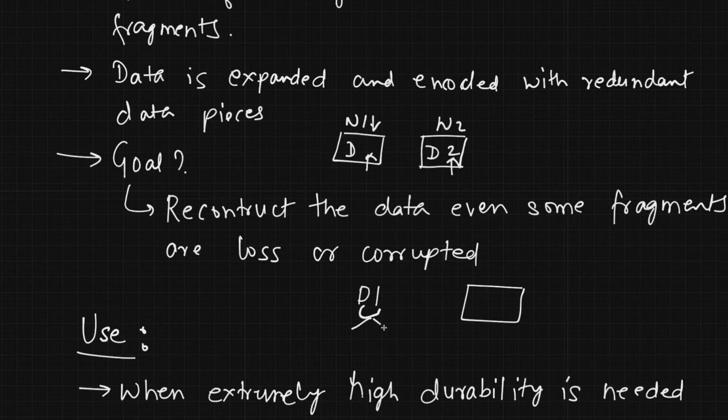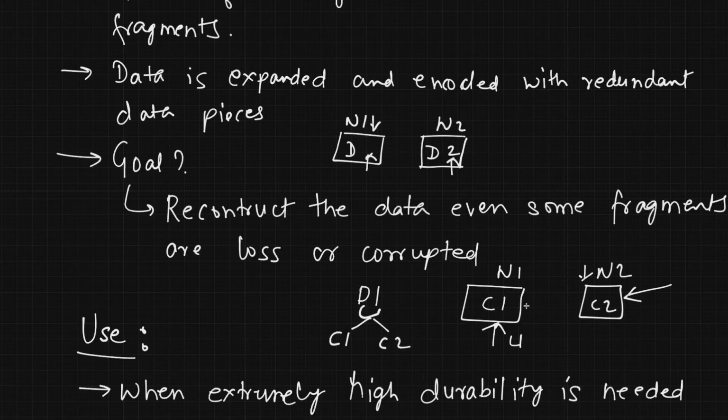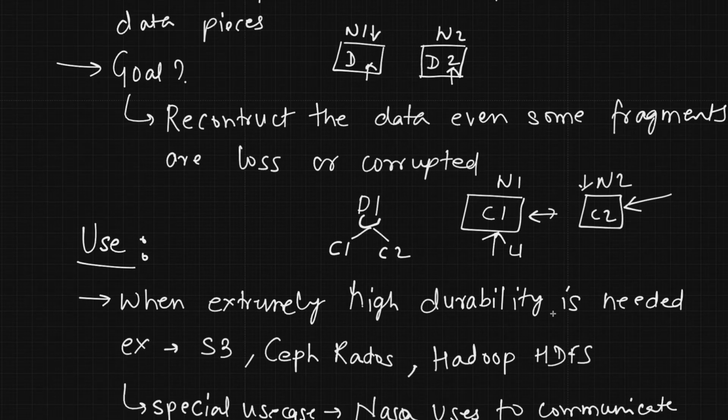If I can fragment the same data into C1 and C2, store C1 in node N1 and C2 in node N2, and in this scenario, for example, this gets corrupted, I can generate the data using only C1. If this node crashes, I can generate the data using C1. I hope this use case is clear.